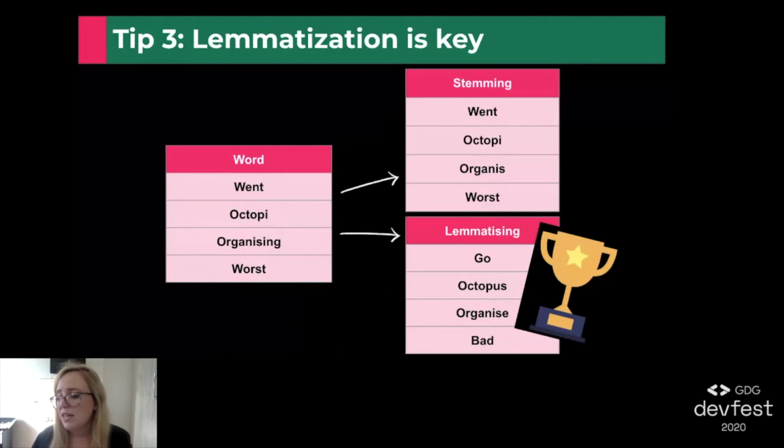If we look at lemmatizing, we can see that the word went was transformed to the word go. Octopi was identified as the plural for octopus. Organizing was converted to the word organize, and worst was converted to the word bad.